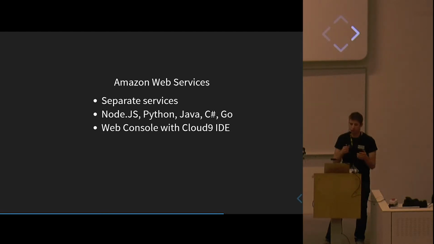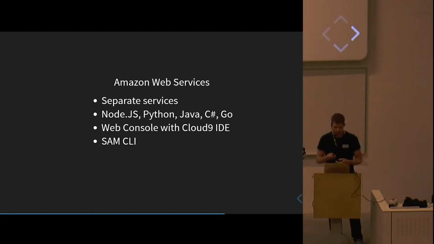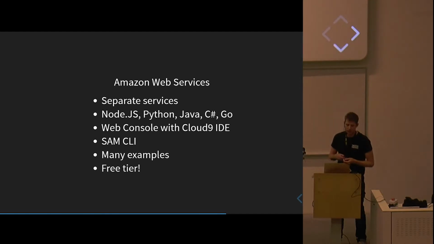It has some highlighting. It's not as powerful as your own IDE probably, but it's still very powerful. And they have a CLI tool as well. It's called SAM, Serverless Application Model. It's like a description of how to define a template at Amazon, and they offer many examples on their own GitHub.